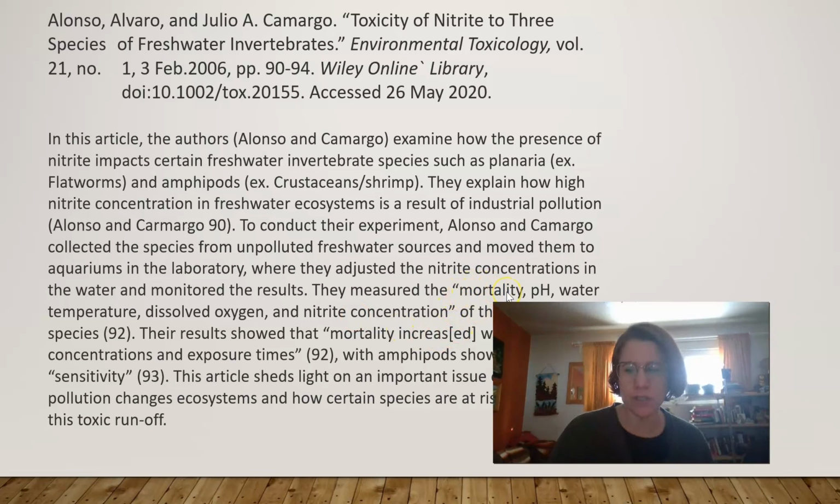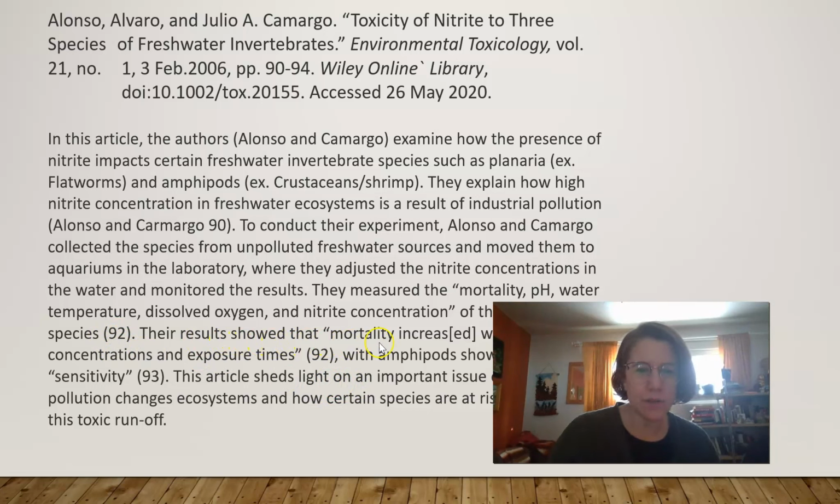So these are the exact words that the authors used in the article. They are placed in quotation marks, so they enclose the exact words that I've taken and placed in my paragraph, and I've cited the source here, the page number at the end of the sentence.